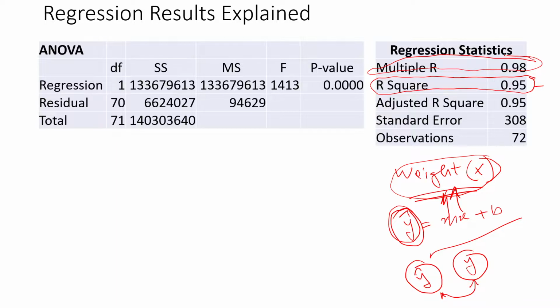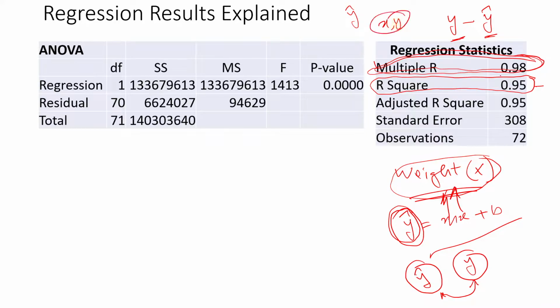This multiple R represents, in a simple linear regression, the correlation between y and y hat, the actual value or cost and the predicted cost based on our regression analysis. In a simple linear regression, this multiple R is also the same as the correlation between x and y values.